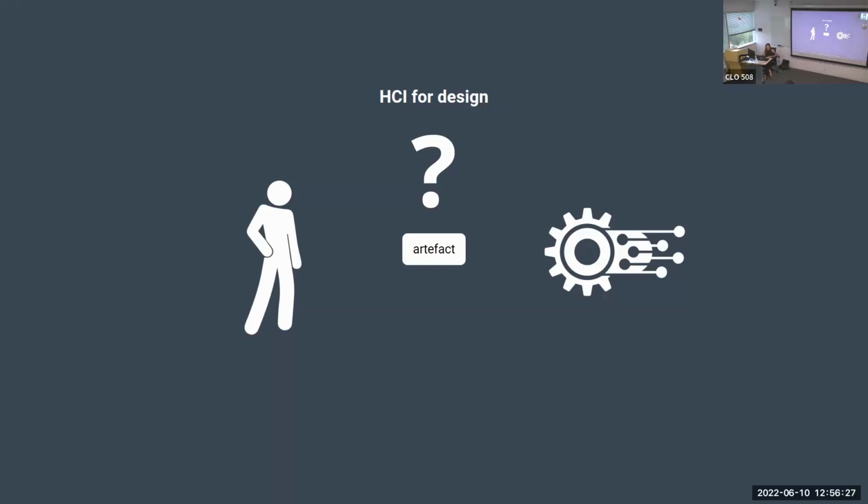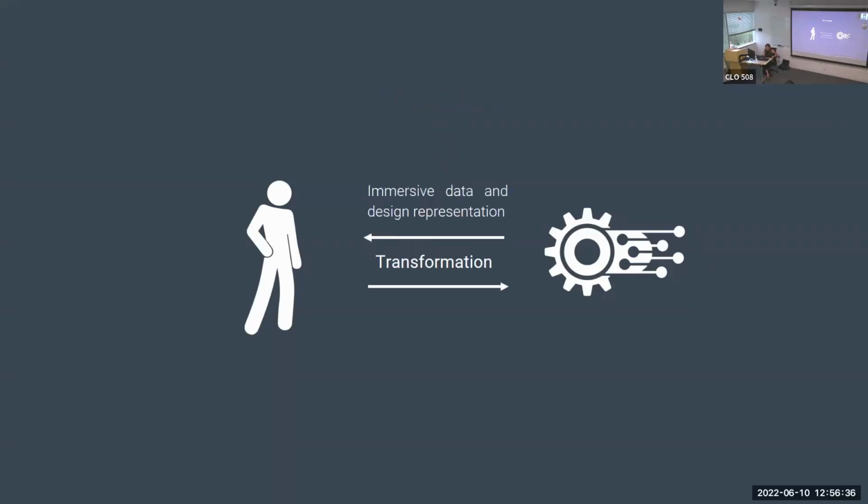Artifacts may be some high-dimensional data or design representation. Therefore, a transformation is needed between the human and the machine learning system. This may be immersive data or design representation from the machine learning system to the user, and conversely, multimodal data annotation from the user to the ML system.